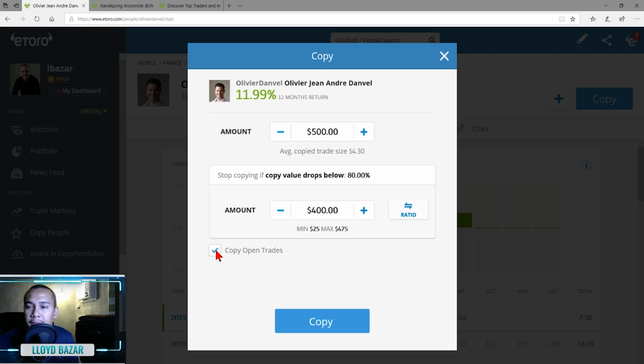If you want to copy his current positions, I recommend you click on this, because if the person is still holding the asset, he believes that the asset is still going to go up. So just click on copy. Now what happens is, if my funds go down because the person is losing in the future and it hits $400, with the money left being just $400, I will automatically stop copying the person, meaning I am able to save the $400, and then I could consider copying someone else with the $400.